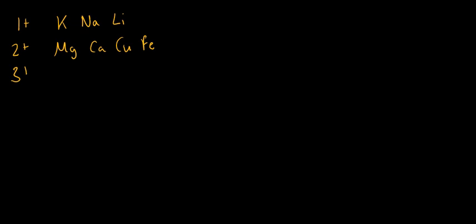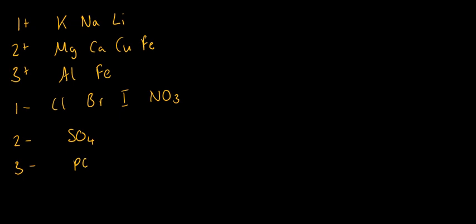The plus 3 ions are aluminium, and there can also be iron in there as well in a slightly different form. The minus 1 ions are Cl, Br, iodine, and nitrate. The 2 minus ion is SO4, and the 3 minus ion is PO4.